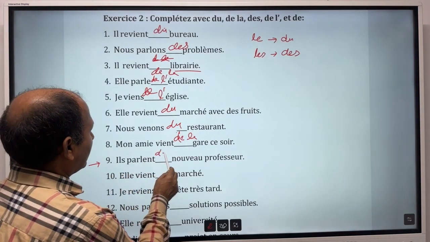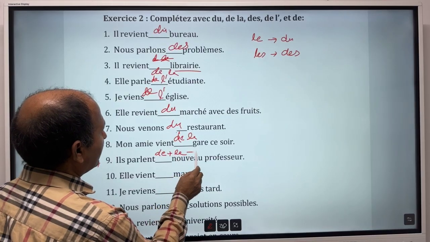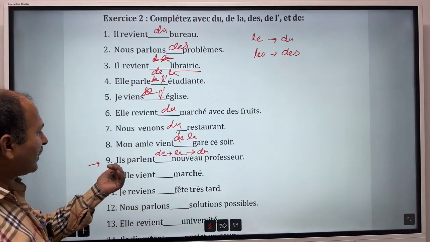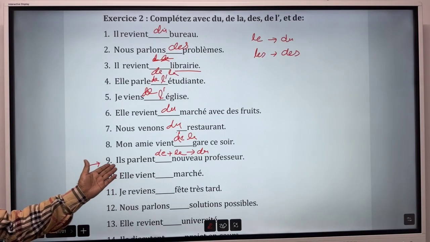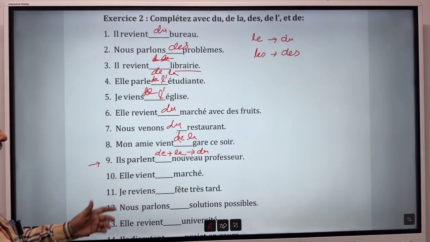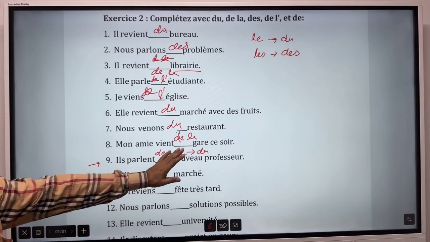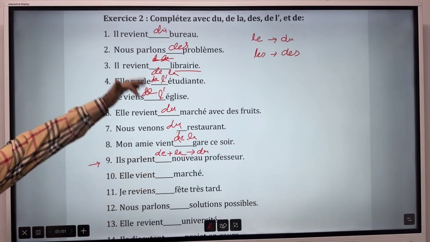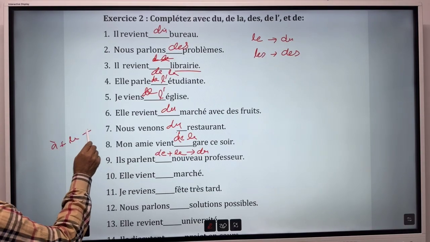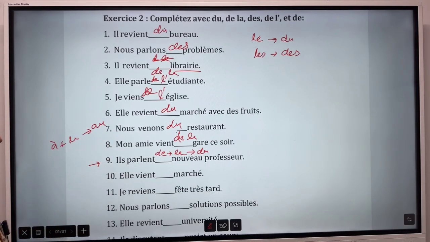So, let's take it like DE plus LE and then it will become DU. They speak about the new teacher is okay. Otherwise, if you take they speak to the new professor, then in that case, it will be taken like the previous one, A plus LE, and your answer will be AU.